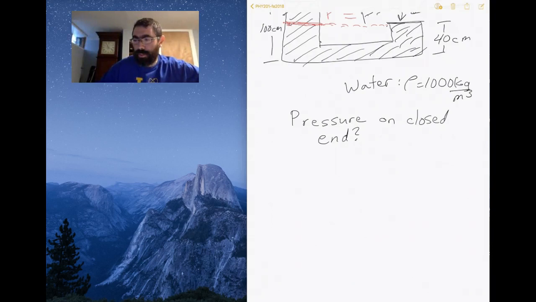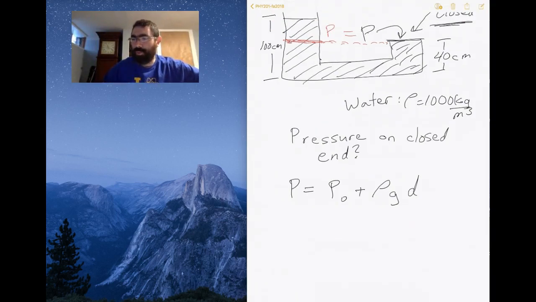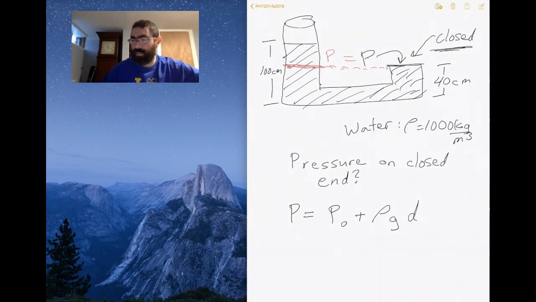So if we start with the pressure at that depth, it is the initial pressure pushing down on top of it plus the density of the water times g times the depth. So let's look at the depth first. So the depth is going to be basically this distance here.